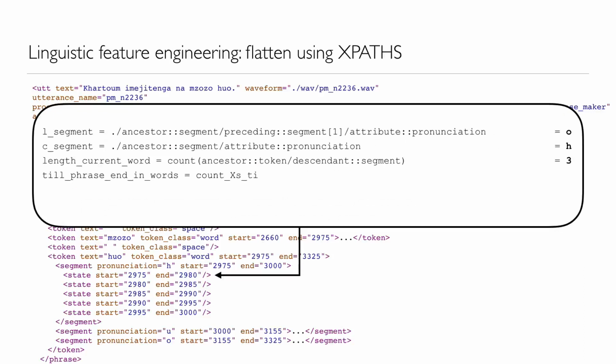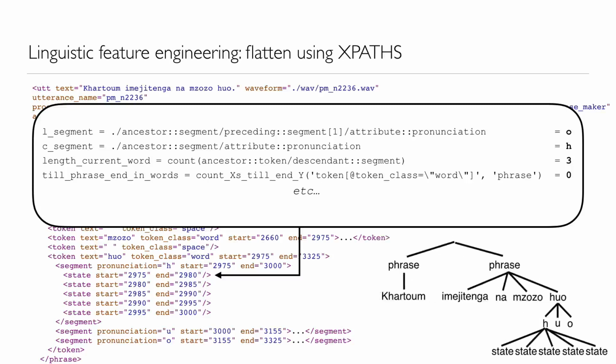Here are some 4 examples of XPath expressions that we use to extract features at each phone or at each state across an utterance. I've given 4, but you might use 50 or 100, 200 of these. And I'll just break one of these down so you get some idea of the implementation.